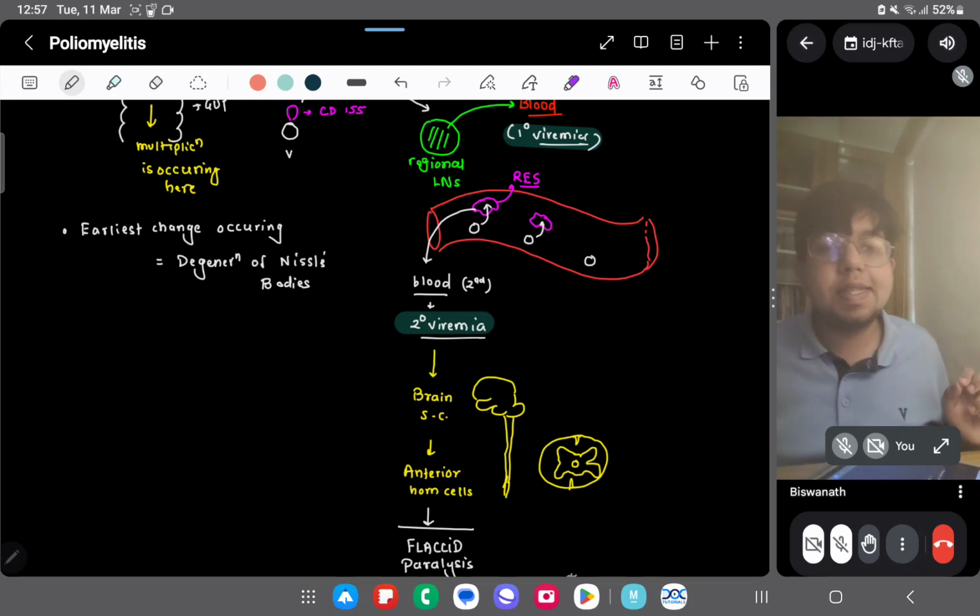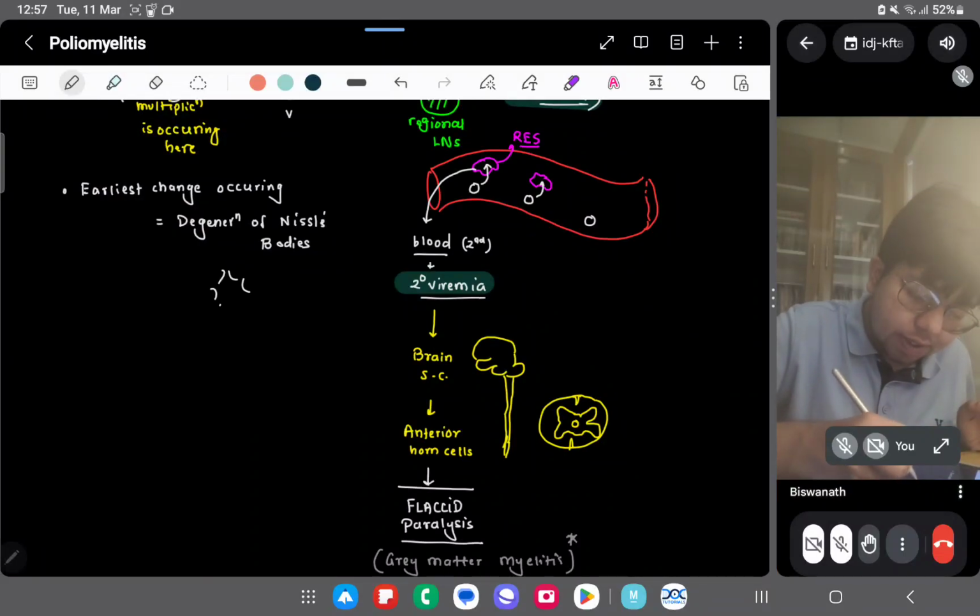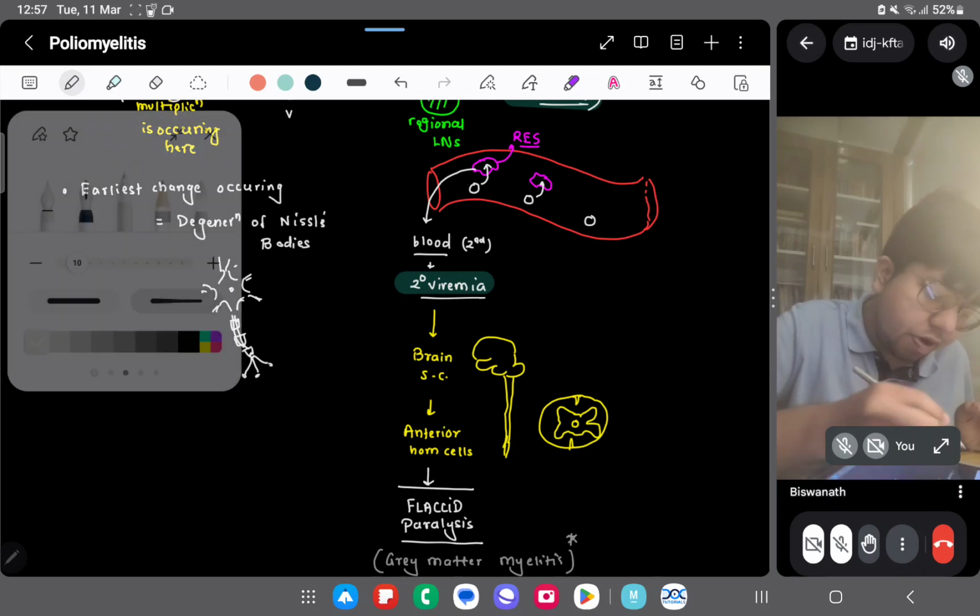You know the Nissl's bodies, what are Nissl's bodies? If you have a neuron like this, it will have its nucleus like this, and the axon. These are the myelin sheaths, these are the nerve terminals or endings, and these are the dendrites. You all know the basic parts of a neuron.